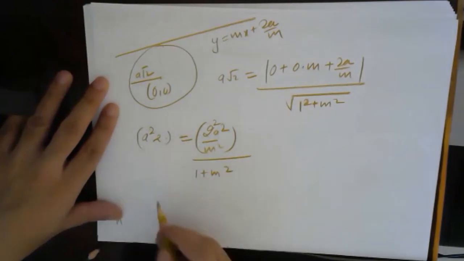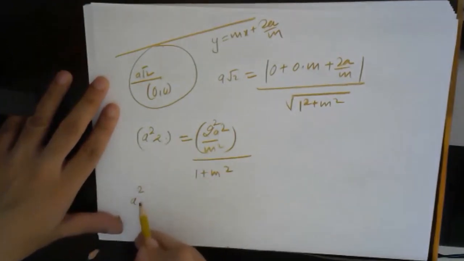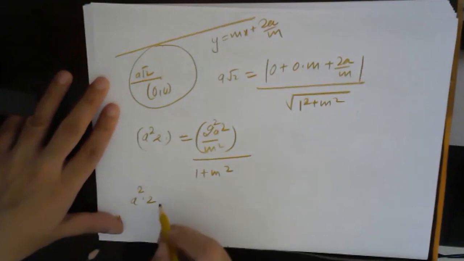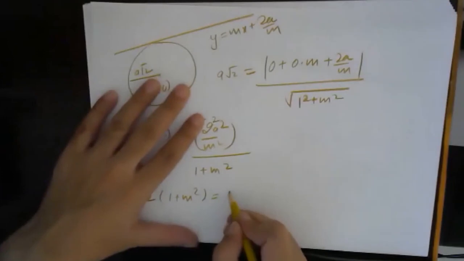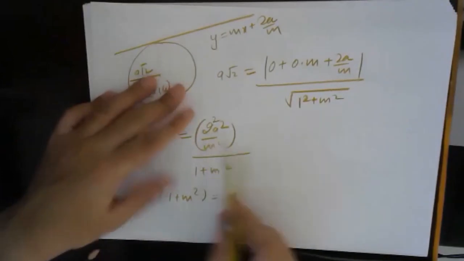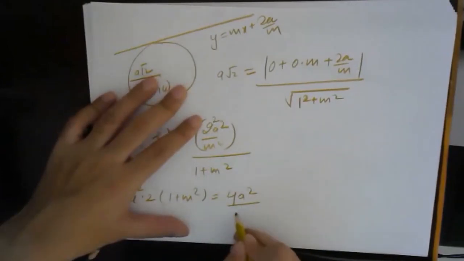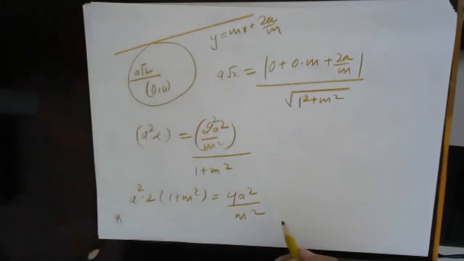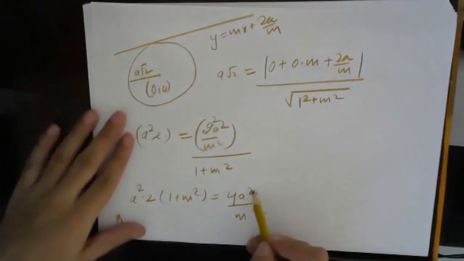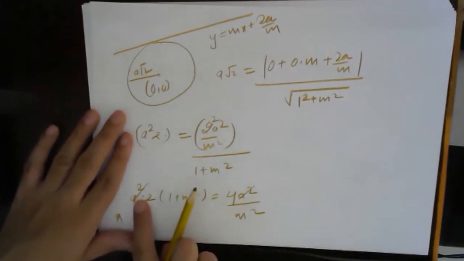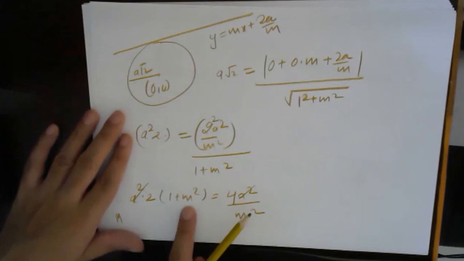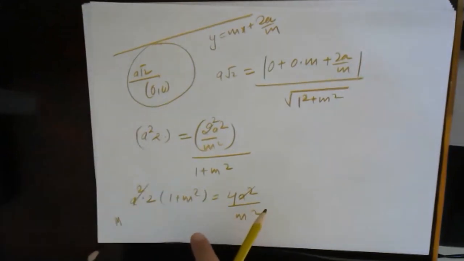I will cross multiply. So this becomes a square into 2 into (1 plus m square) is equals to 4a square by m square. Now this a square and a square get cancelled, and you will have only the condition on m square.